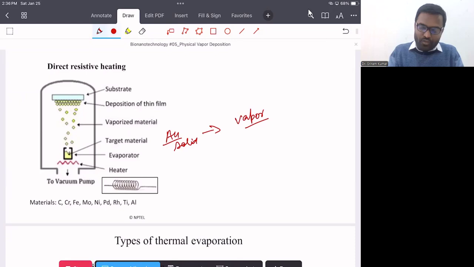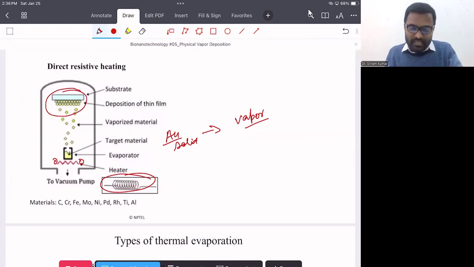Either we can use a thin wire of gold, or maybe we can make a coil of that wire, and we can apply very high voltage across these two terminals. If we apply very high voltage across these terminals, what happens? That material gets evaporated, and we get the vapor phase, and that is deposited on the substrate.